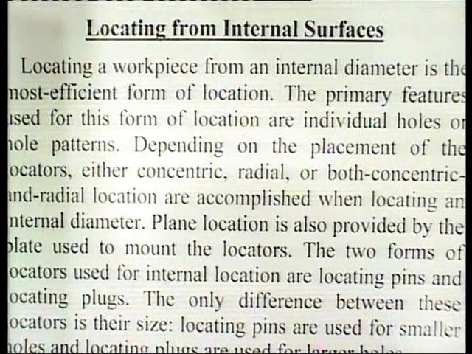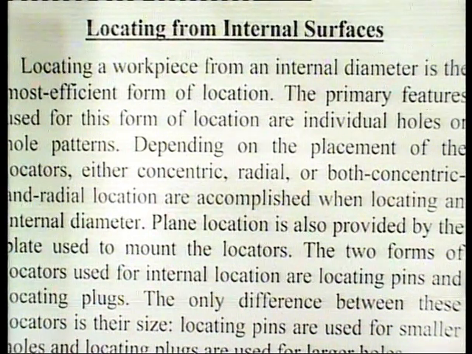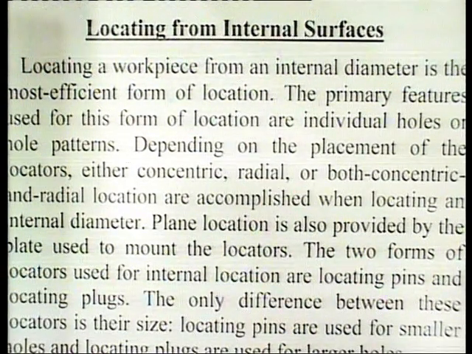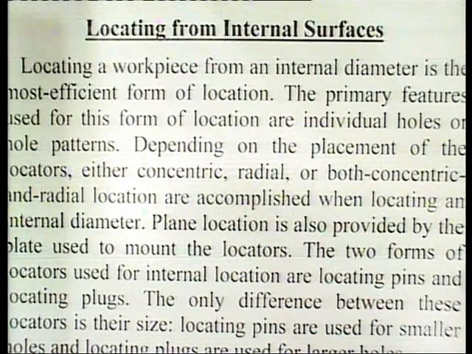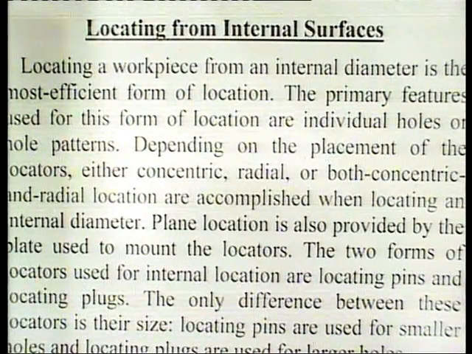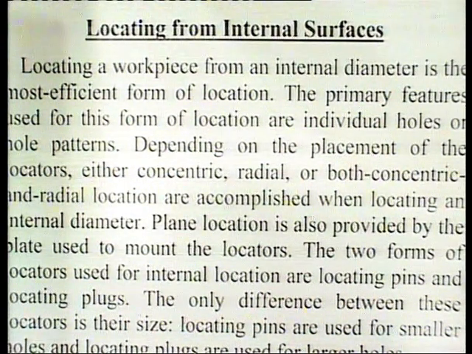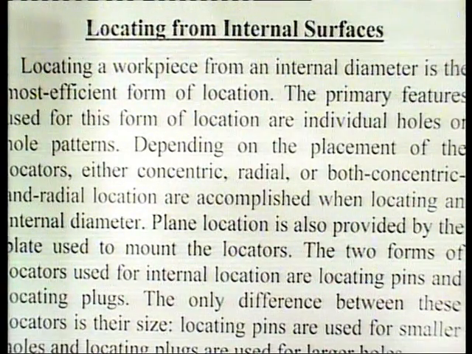The two forms of locators used for internal location are locating pins and locating plugs. The only difference between these locators is size: locating pins are used for smaller holes and locating plugs are used for larger holes.